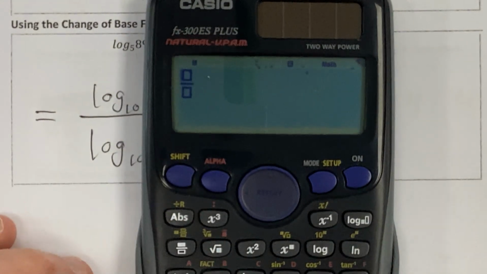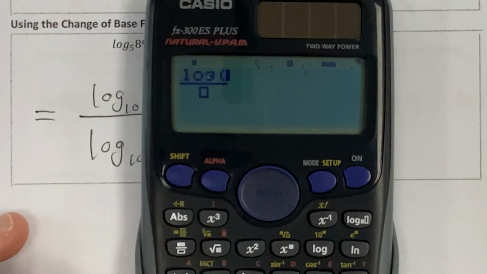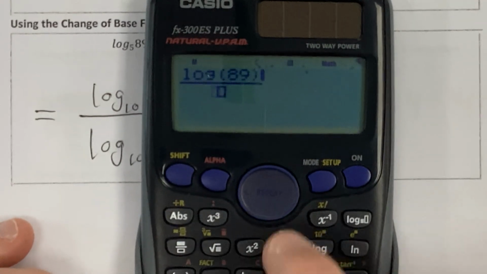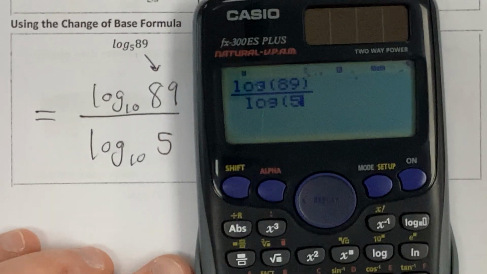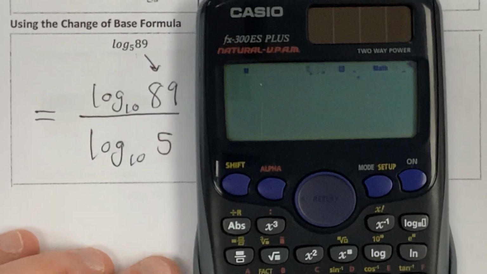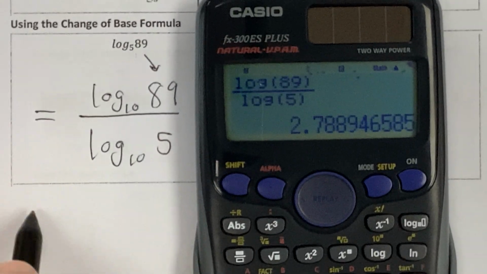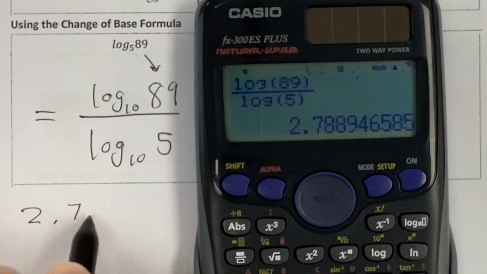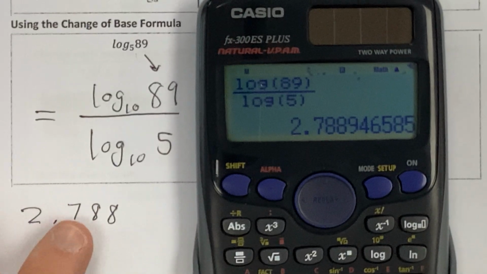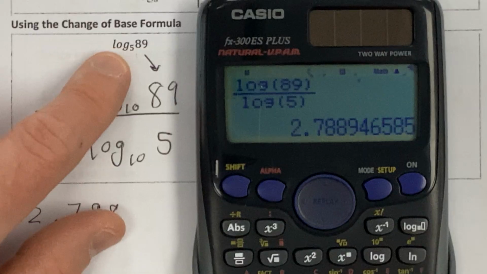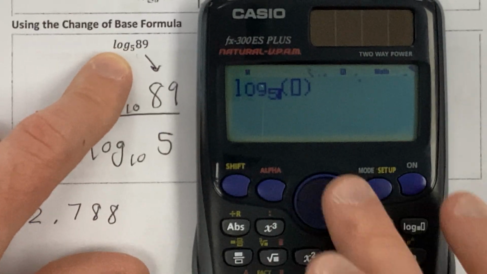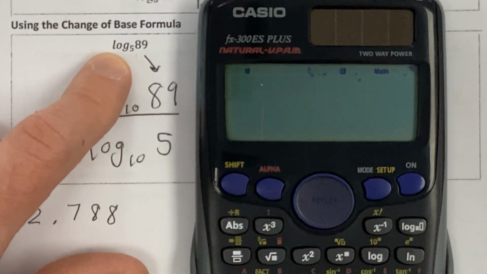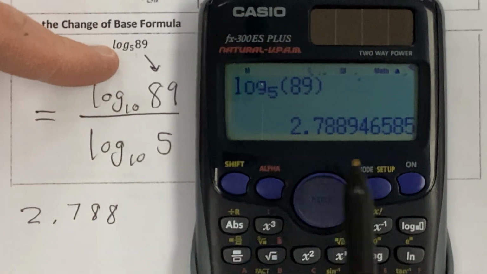We're going to do fraction, log base 10 of 89 over log of 5. And there's our ugly decimal, which you expect, 2.788. But let's compare it to if we just type this in directly. So just hit this button, put in log base 5 of 89, and yep, same thing.